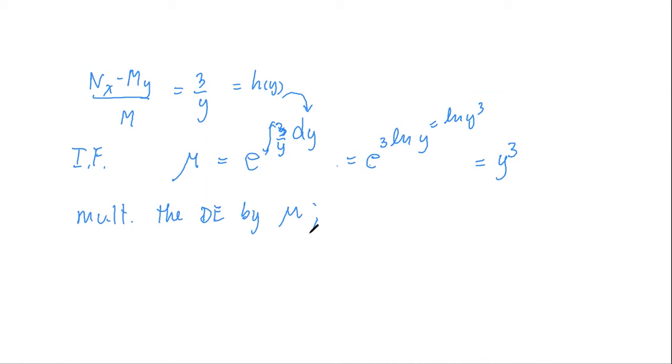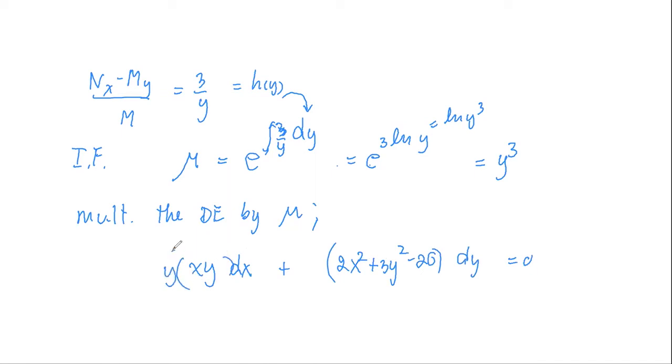That means from the xy dx plus the quantity 2x squared plus 3y squared minus 20 with respect to y equals 0, we're going to multiply all by mu, and mu is y to the third.